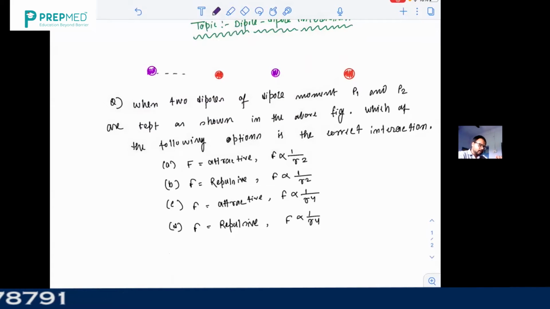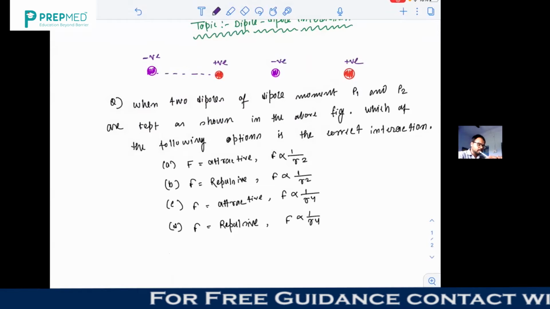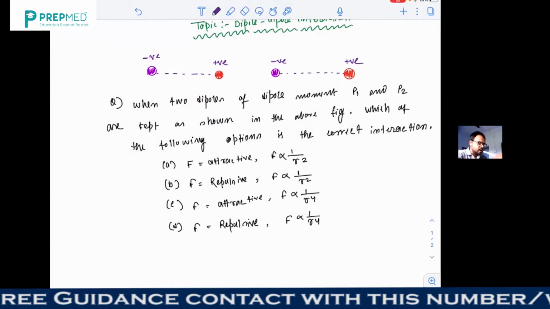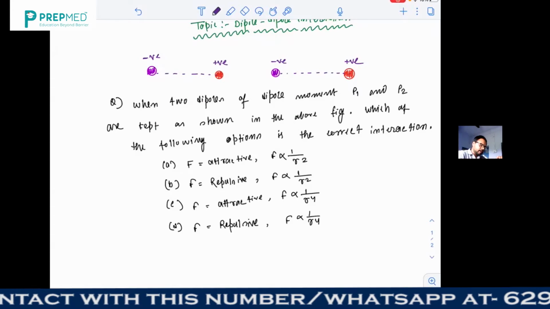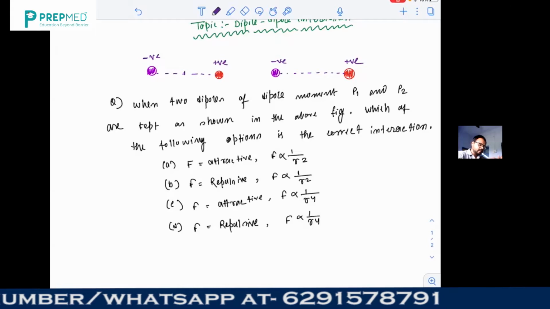So this is one of the dipoles, say, this is the negative charge. This is the positive charge, this is the negative charge, and this is the positive charge. These are the two dipoles, having positive and negative charges separated by a small distance. You know that the dipole moment direction is always from the negative charge to the positive charge, right?